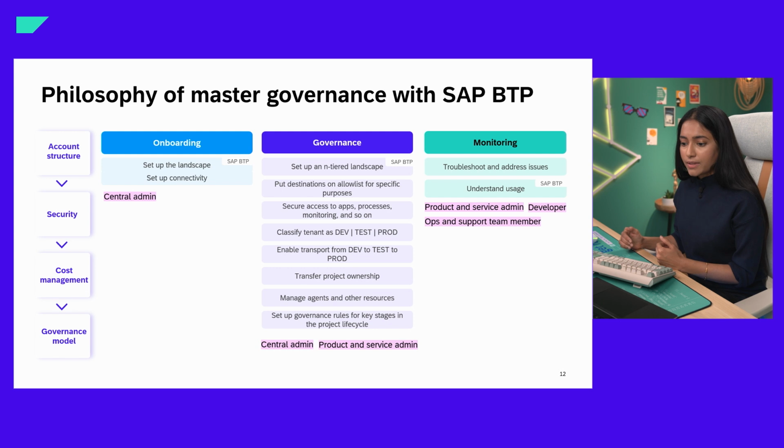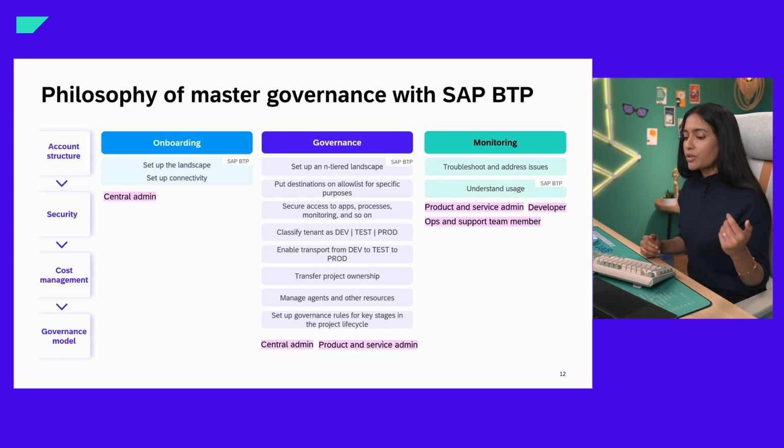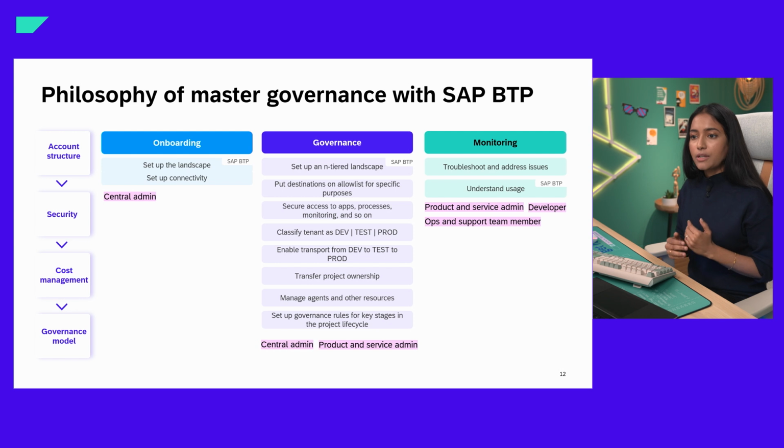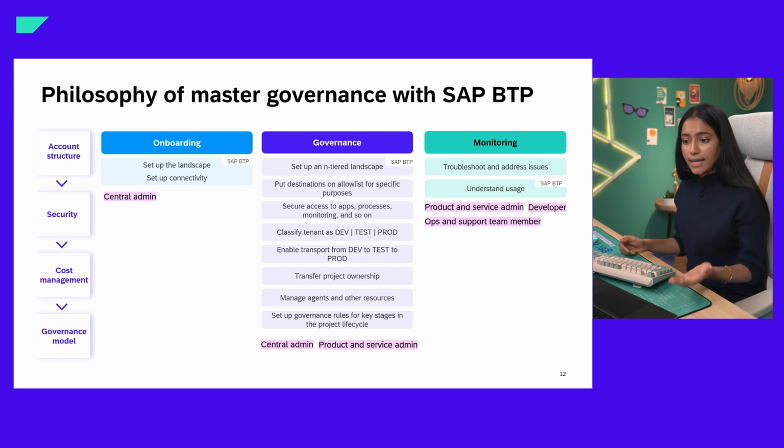We have the central admin, the product admin and service admin, and then we also have the developer, operations and support team members, etc. Let us have an overview of each of their responsibilities. For example, the central admin is primarily responsible for the onboarding or setting up of the landscape and setting up of the connectivity between the tenants, etc.